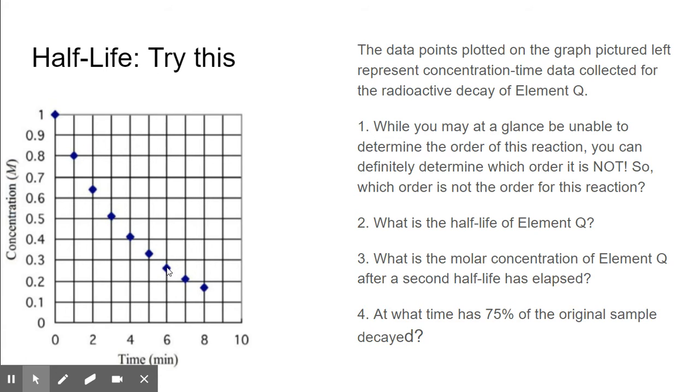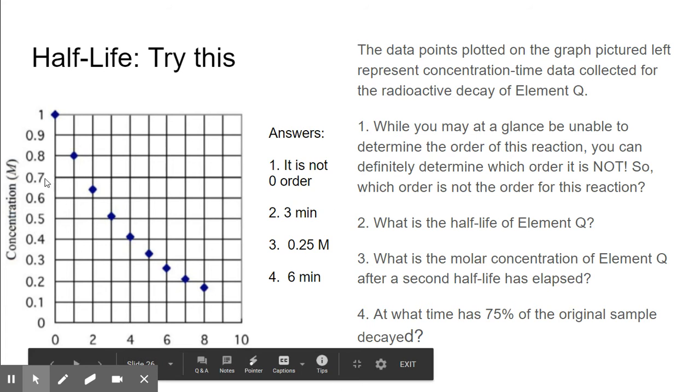At that point, 75% of the original would have decayed already. Because that's 75% decayed, there's only 0.25 left. So that would be at 6 minutes. So it is not zero order. Half-life is 3 minutes. And then 0.25 and 6.